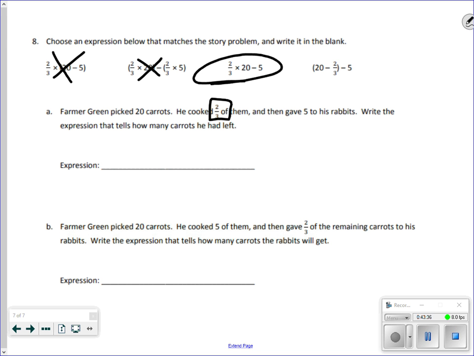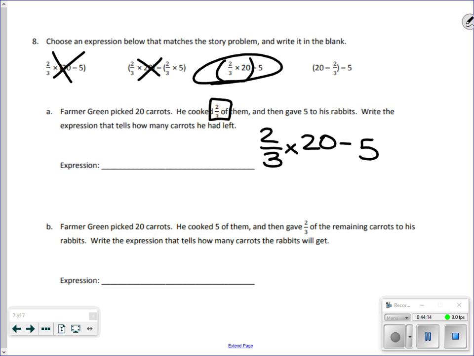If I wrote it, I would have done this. However, you would still do 2/3 times 20 first. Even though it's written like this, just because they've got parentheses, would you really do 20 minus 2/3? Would you really? Does that make sense?